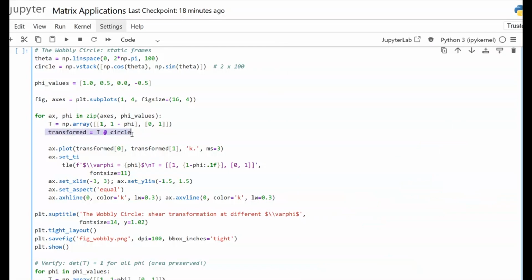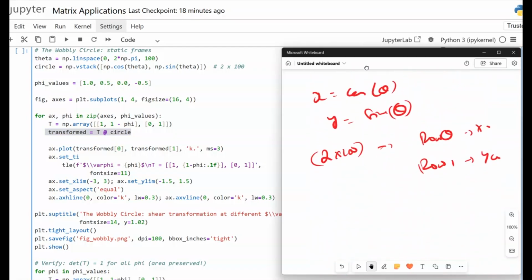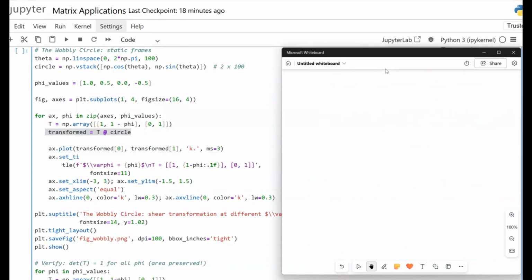Transformed is equal to T applied to the circle. For a point x comma y, the transformation becomes x dash equal to x plus 1 minus pi times y, and y dash is the same y.